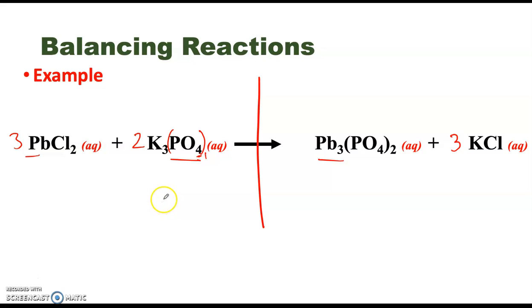But you may have noticed that as I went through, I doubled this whole compound. So 2 times 3 actually gets me 6 potassium now. Same thing when I put the 3 here, that gets me 6 chlorine. So I have 6 potassium and 6 chlorine. I need to change this from a 3 to a 6, and that's why I use a pencil.